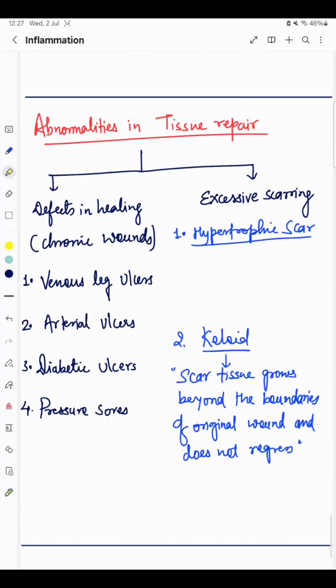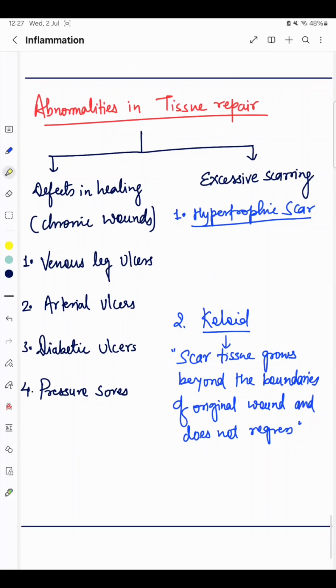Now we will briefly discuss the abnormalities in tissue repair. First is the defect in healing. If the healing is delayed, this will result in the development of chronic wounds like venous leg ulcer, arterial ulcer, diabetic ulcer and pressure sores.